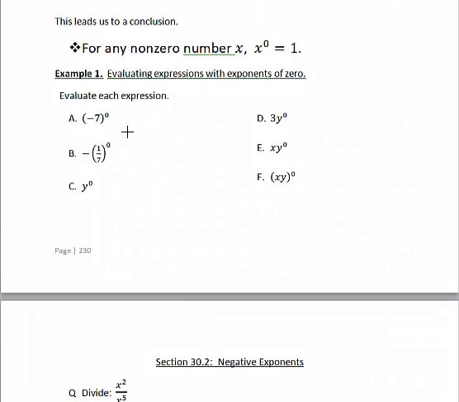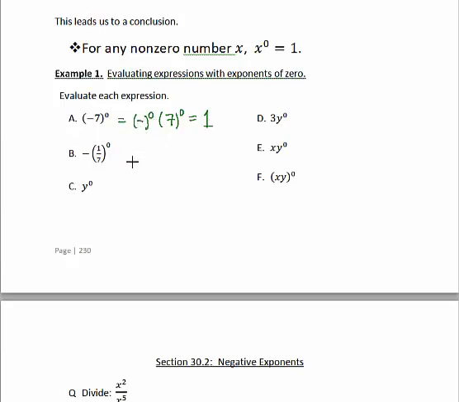Now, that's not to say that if a 0 power is placed anywhere in an expression you're going to get 1. It just means that whatever the 0 is applied to will work out to be 1. In this case, the 0 is being applied to this set of parentheses and anything inside of it. So we can write this as negative to the 0 times 7 to the 0, and we just get 1.